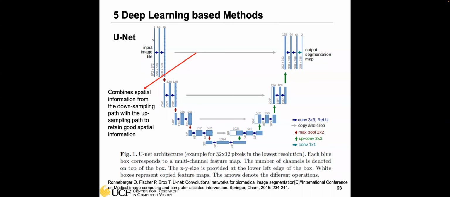The encoder is the left part. We have conv layers, then we have pooling layers to gradually reduce the spatial dimension. So we build high-level representations at different levels.